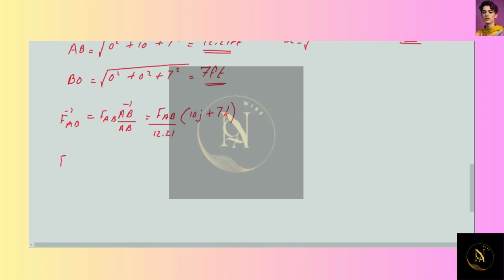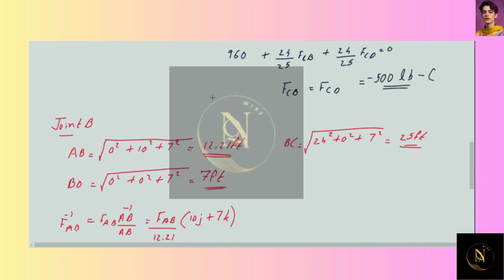Now vector FBC will be equal to magnitude FBC times vector BC by BC, that is FBC divided by 25 feet, times the vector BC, which is 24 in I plus 7 in Z. We calculated the value of FBC, that is minus 500 lb.